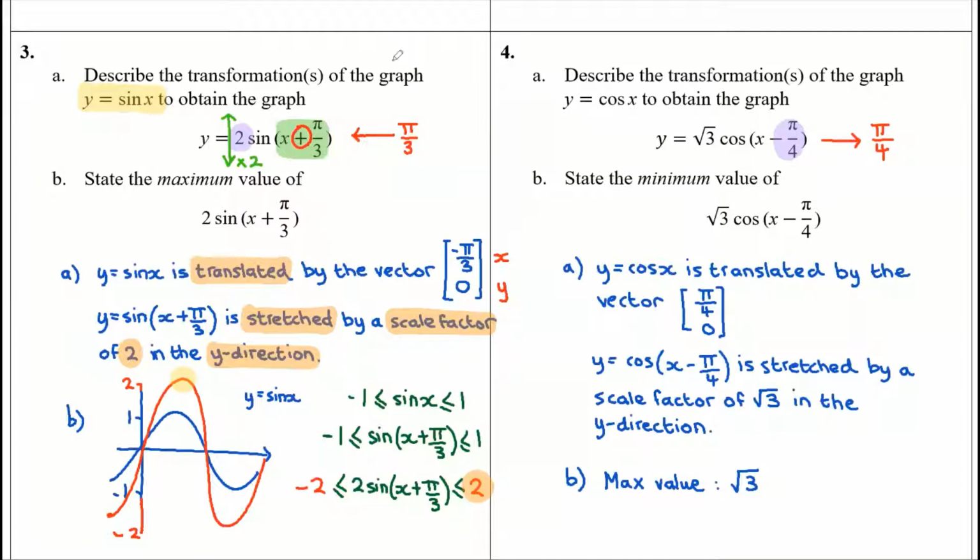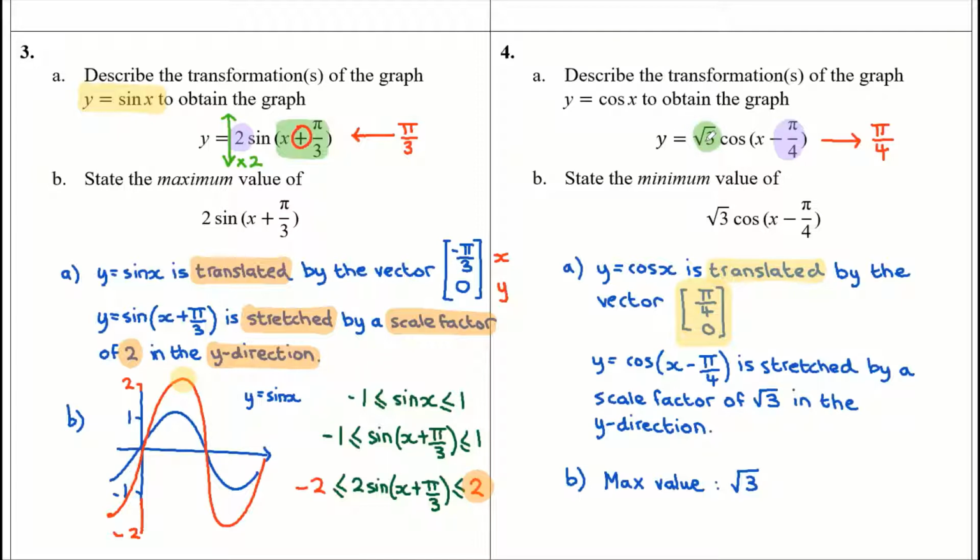So as you can see here, it's moving the graph by π/4 in the x direction, 0 in the y direction. So that's the horizontal shift. And I've stated also again that it's a translation. Once we've done that, we can then perform a stretch in the y direction because we now have this √3 as a coefficient in front of the cosine.